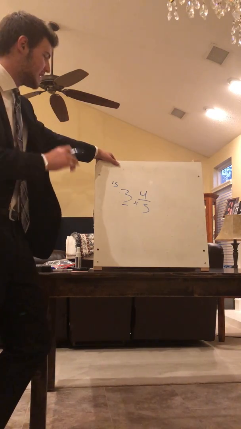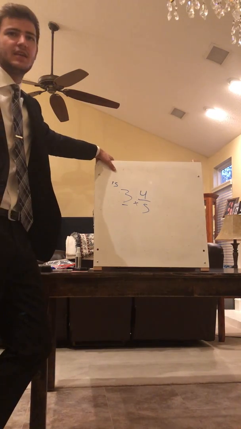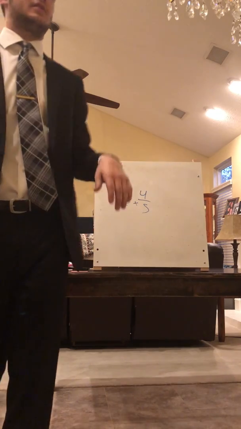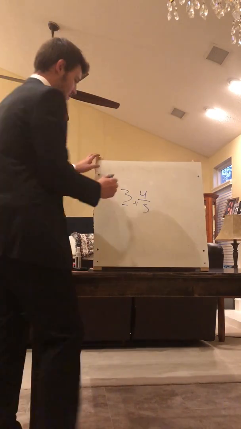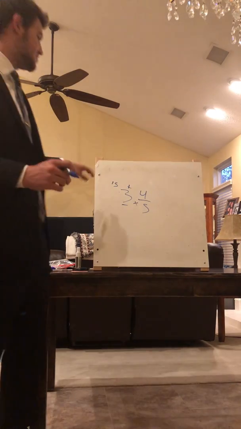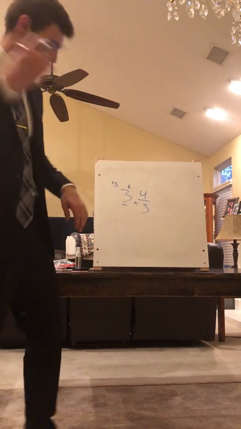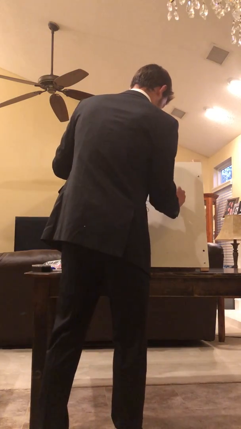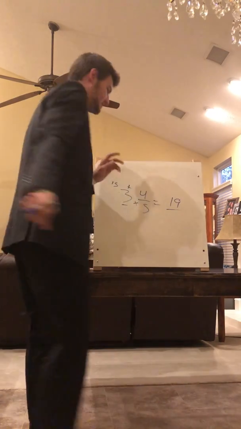Okay, so what's next? What do we have to do now that we have that 15? What do we do with this 15? Go ahead. We add it to our numerator. That's right. So 15 plus 4. Go ahead, give it to me. 19. That's right. Okay.